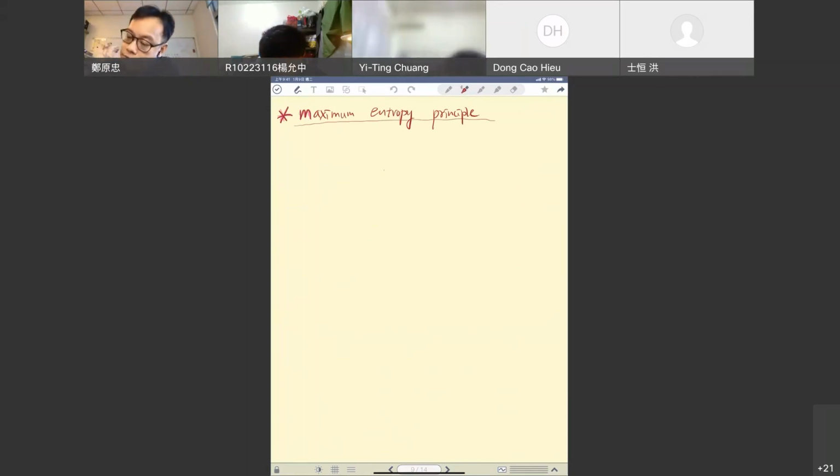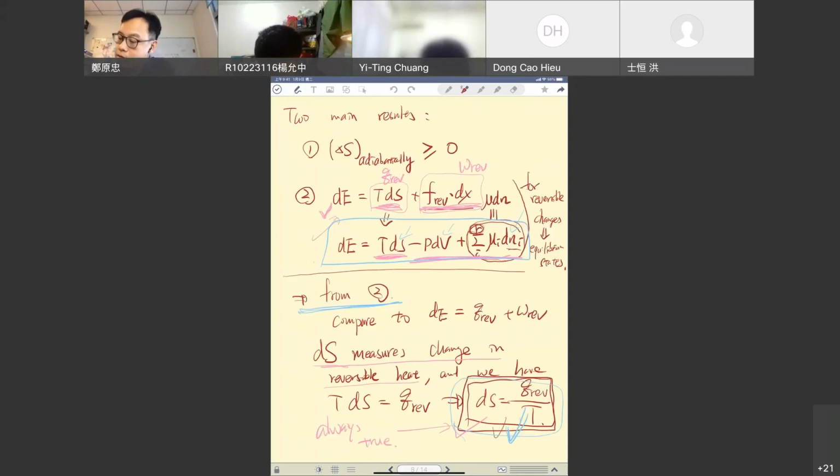From the first part, which is an inequality, any spontaneous process under adiabatic condition will give rise to an increase in entropy of the system.